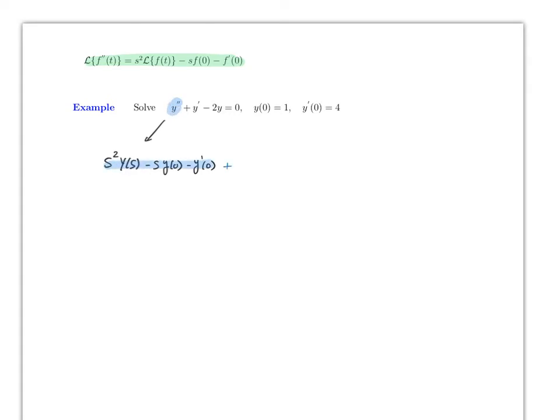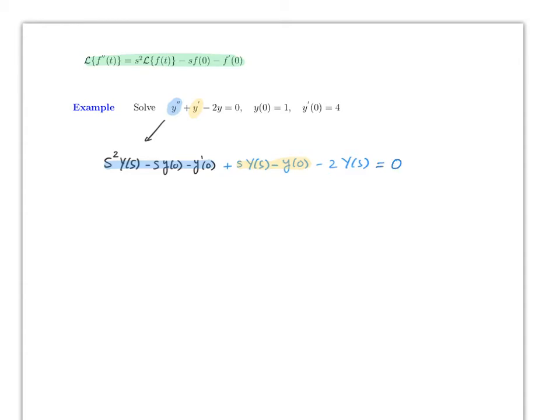Then plus y prime, which you remember the formula from the previous example, is equal to capital Y of s minus y of 0, and then minus 2 the Laplace transform of y. So this will give you this much, and obviously the Laplace transform of 0 is equal to 0.